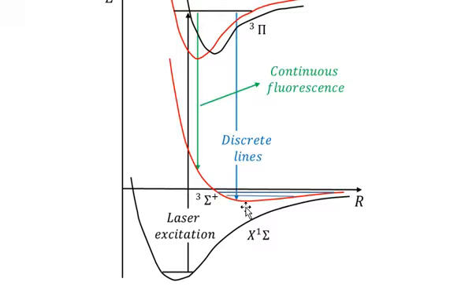So if you consider the transitions from the upper state into this region of the red curve, then you see that you can obtain discrete lines, because this is the bound potential. Here the potential is bound, so the molecule can exist in this state.